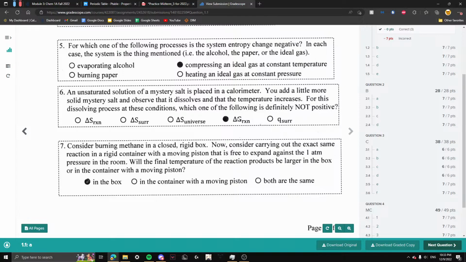Okay, so we know that delta S is definitely going to be a negative number, because it goes from being a solid to aqueous, so it's going to become more random, I guess. A solid can't really be random in its positioning, but if you break it apart and put it in water and let it float around, it can be more random, which is what I thought of when I was doing this.